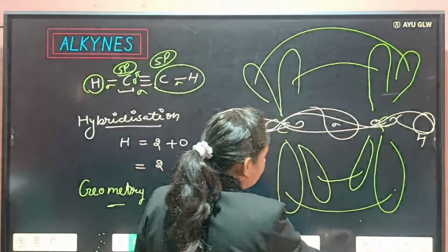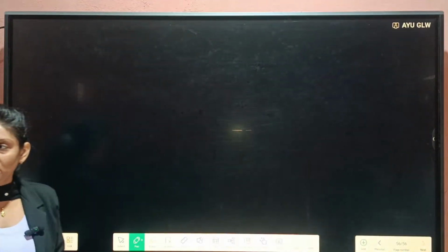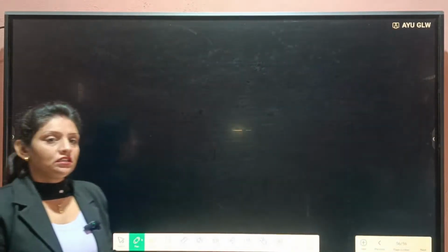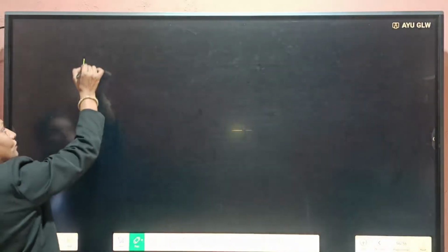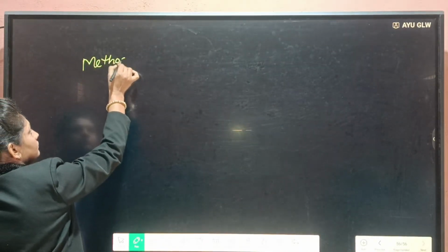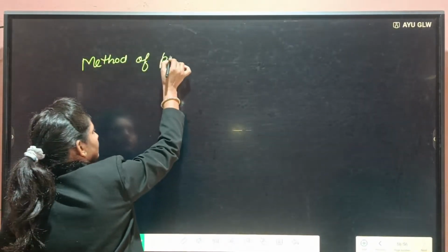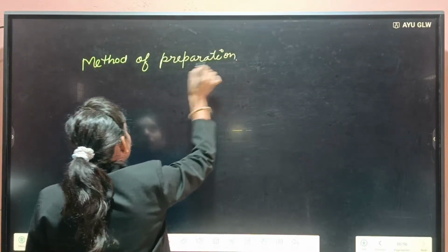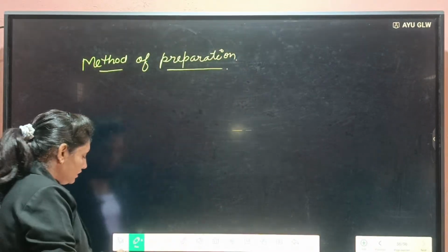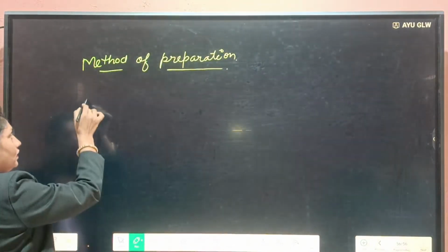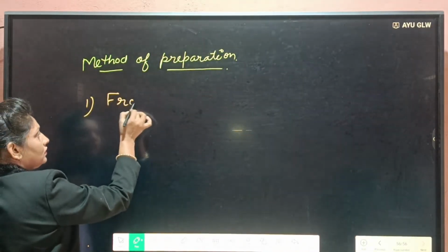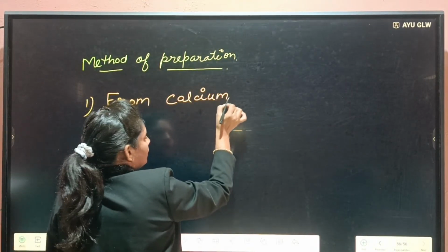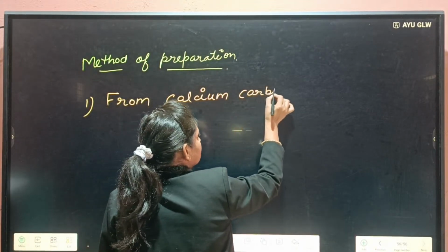Now students, how can we prepare alkynes? Method of preparation. First one is from calcium carbide.